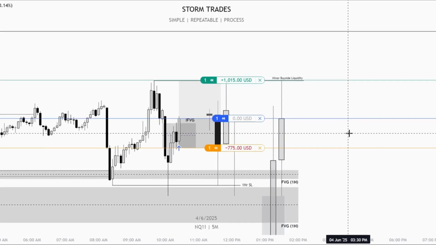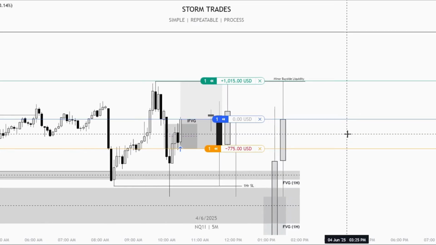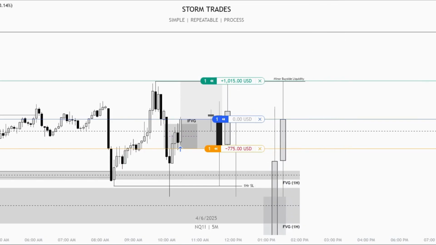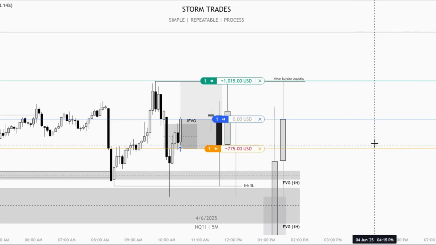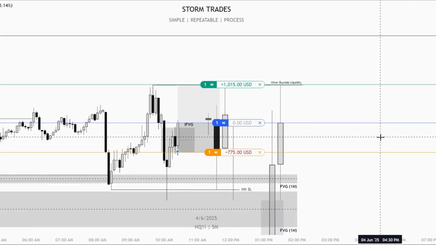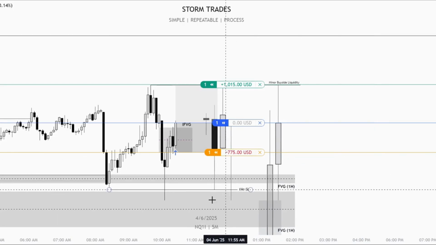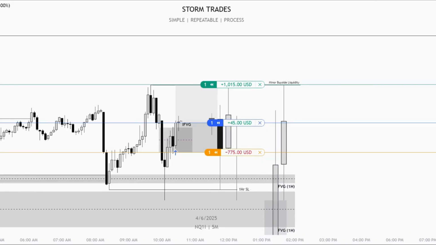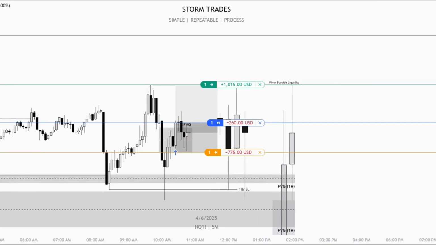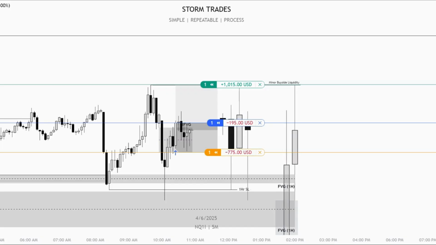And now, as I'm watching price, if structure builds and we get another entry model and we haven't hit our target yet, I will look to reduce exposure, so reduce risk, and possibly add size onto the trade. So let's just play this out. We almost got stopped out here.